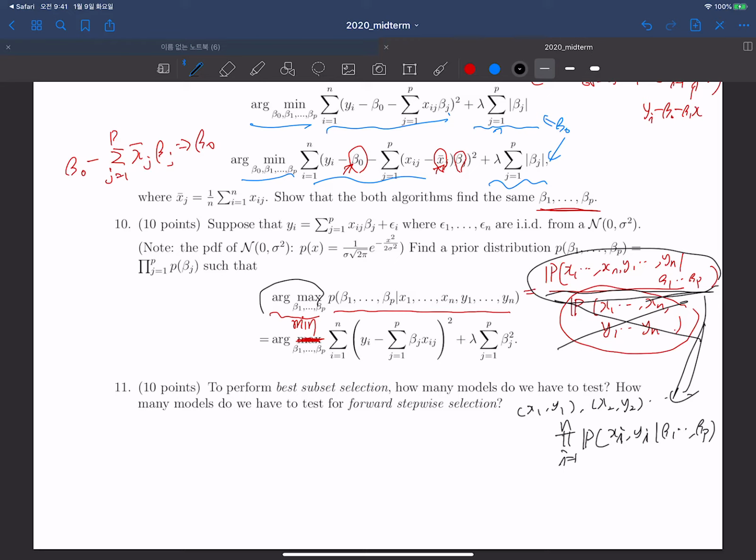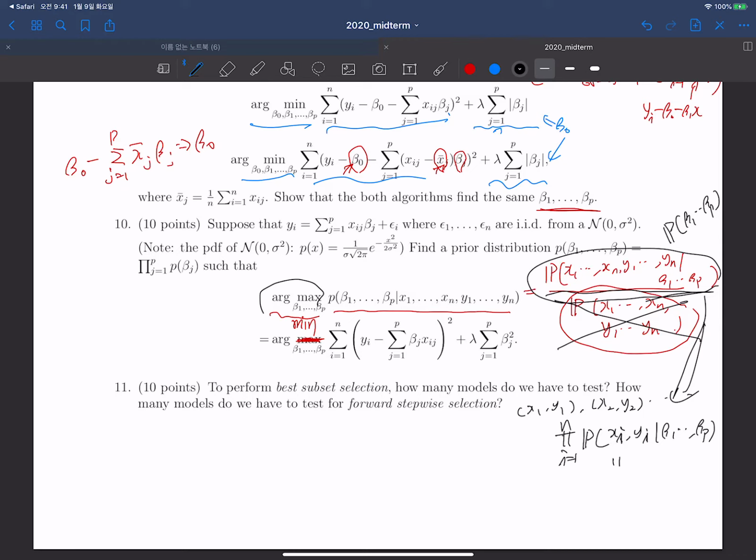Okay. And from the assumptions, this is equal to what? Oh, sorry, we have to multiply the prior for beta 1 through beta p as well.